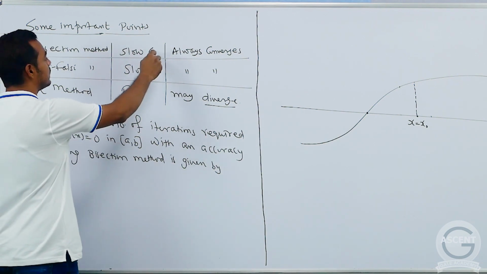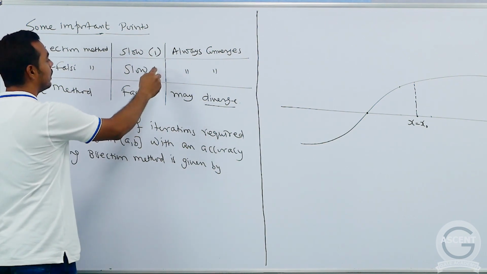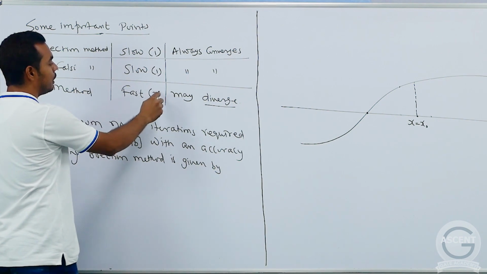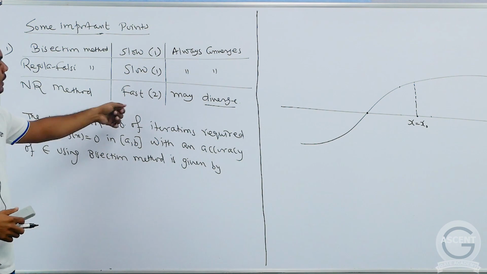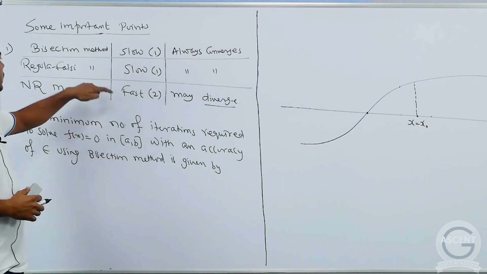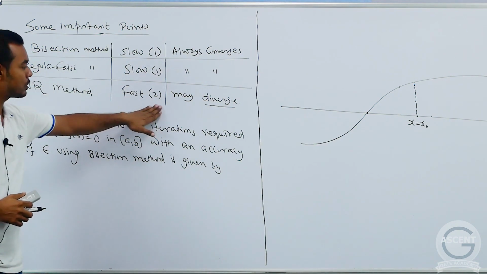So order of convergence for bisection method is 1, regular falsi method is 1, and Newton-Raphson method is 2. So this means in case of Newton-Raphson method, you have to perform half the number of iterations compared to these two methods to get the actual root.